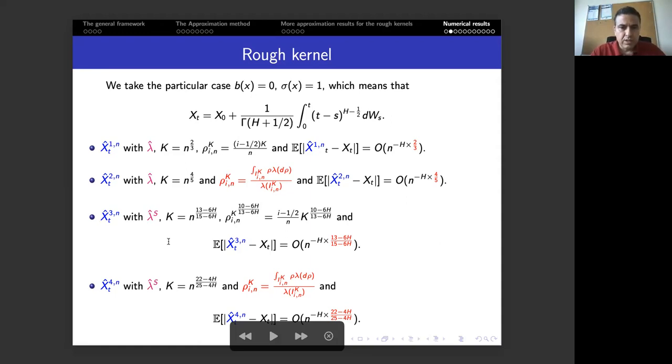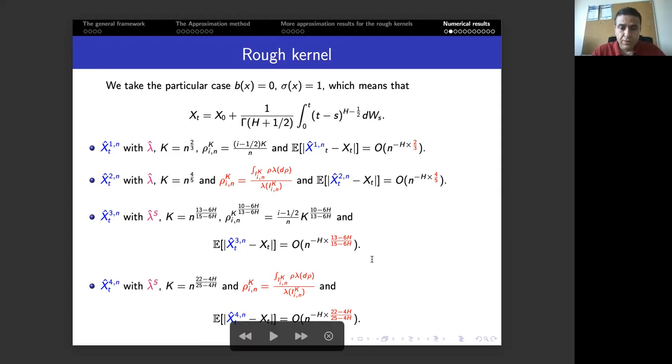So in this case, we propose a very simple, naive choice for the Riemann part approximation in lambda hat S. The theoretical result we mentioned before gives us this rate: the strong error would behave like n to the power minus h times (13 minus 6h) divided by (15 minus 6h).